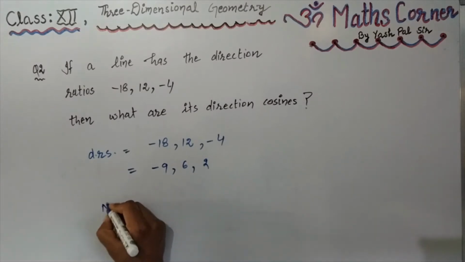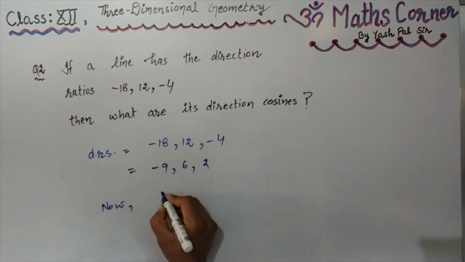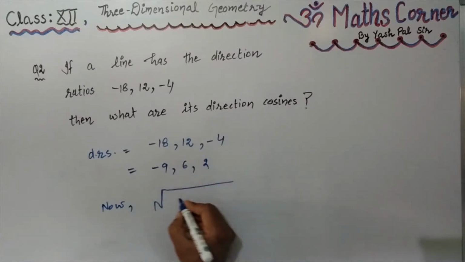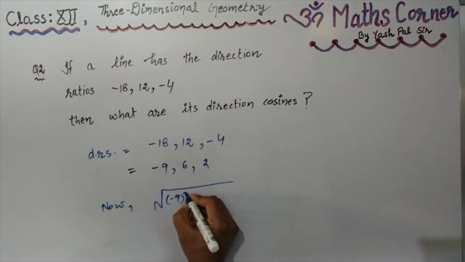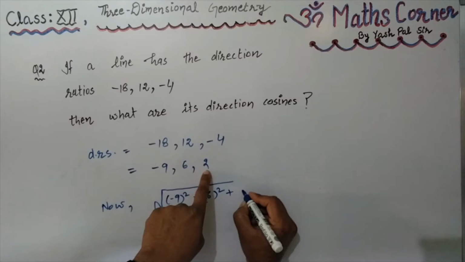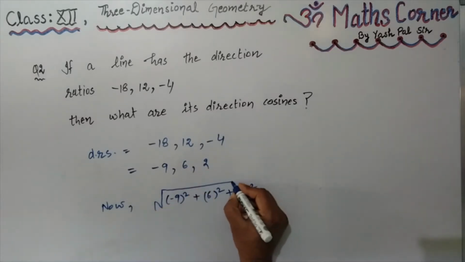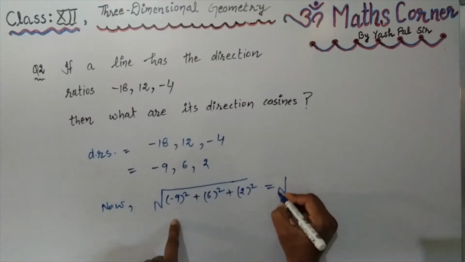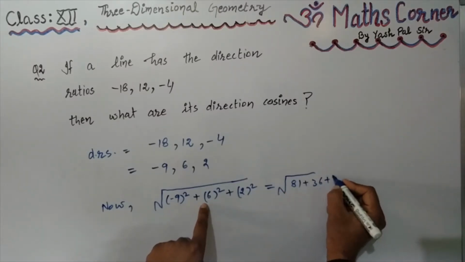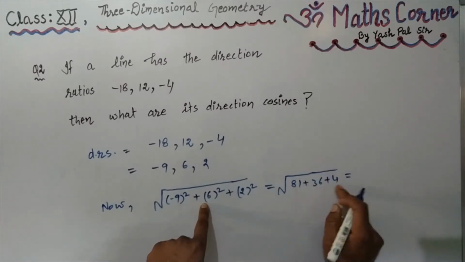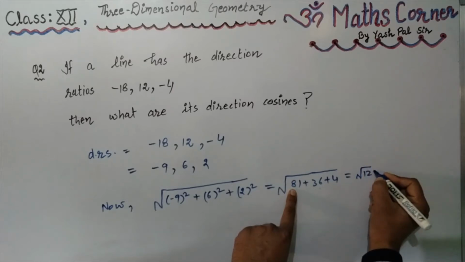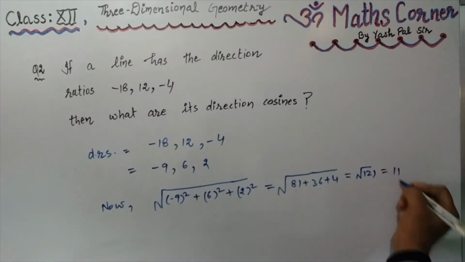Now what we do? We take the square root of the sum of the squares of these direction numbers, that is minus 9 whole square plus 6 whole square plus 2 whole square. So this is equal to square root of 81 plus 36 plus 4, which is square root of 121, which is equal to 11.